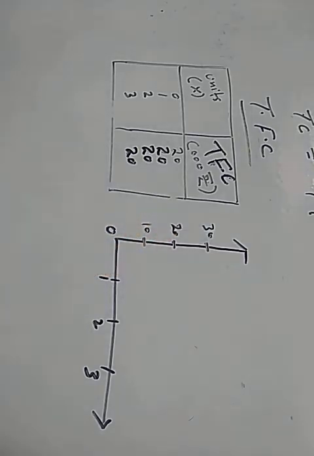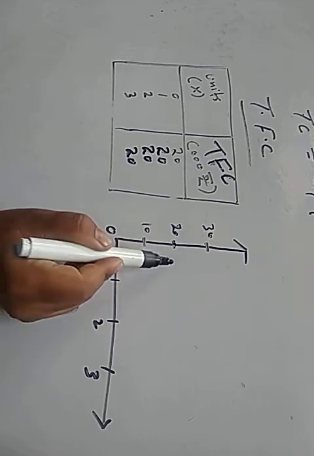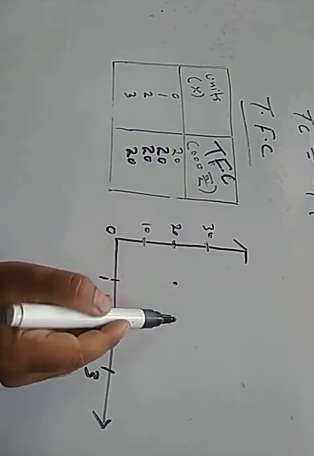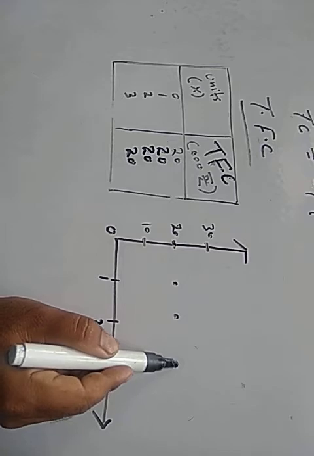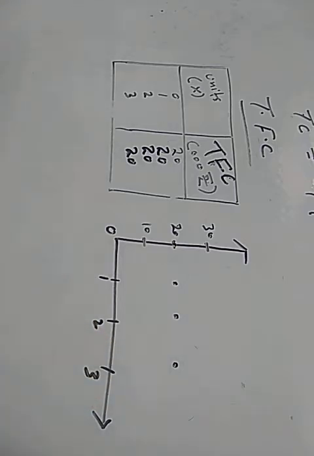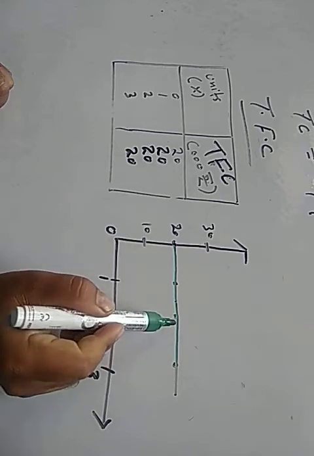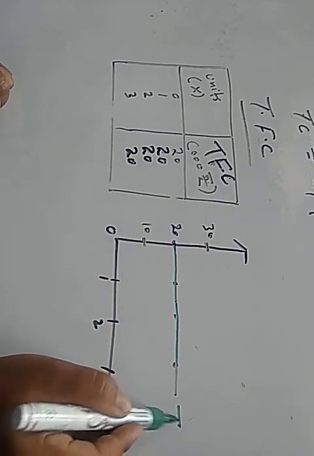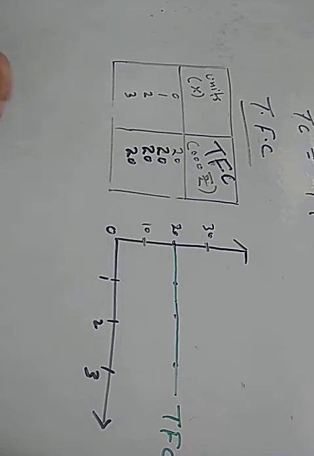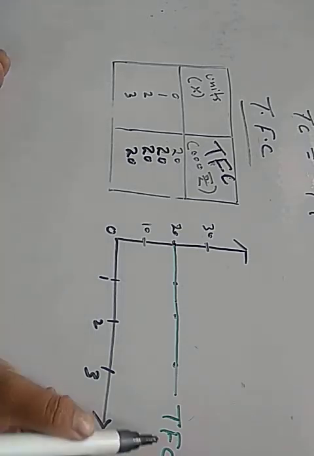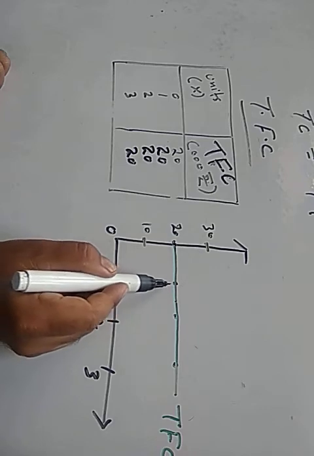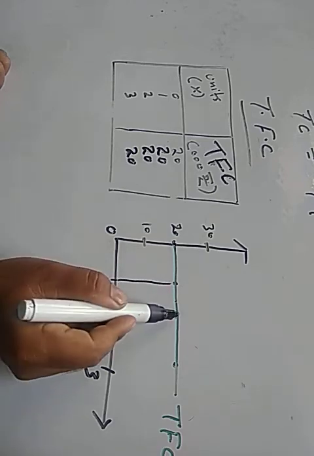Since the total fixed cost in our given example is 20,000 for every unit of commodity X, this fixed cost is equal to 20,000. Now by joining these points, we will get a total fixed cost curve, which is parallel to the x-axis, showing the same total fixed cost equal to 20,000 for all units of X produced.